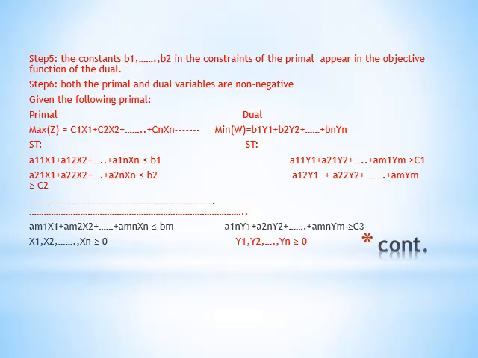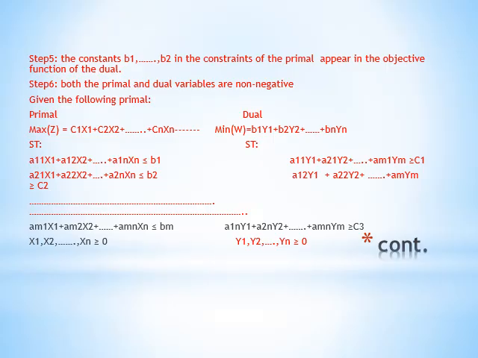The non-negativity condition x1, x2 up to xn will be replaced by y1, y2 up to yn more or equal 0, objectively.